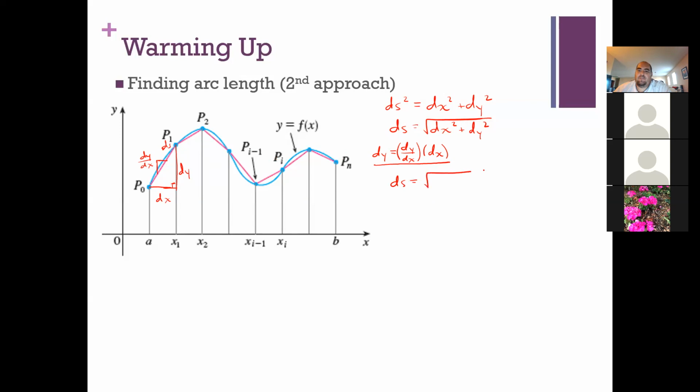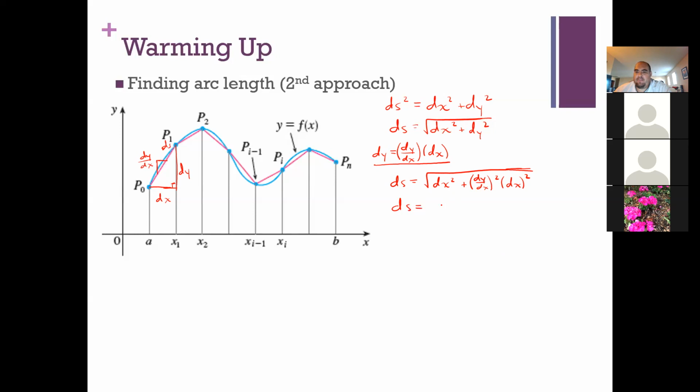So I'll go ahead and make this substitution. ds is equal to the square root of dx squared plus this thing, dy dx squared, times dx squared. So I still have that second variable in there.